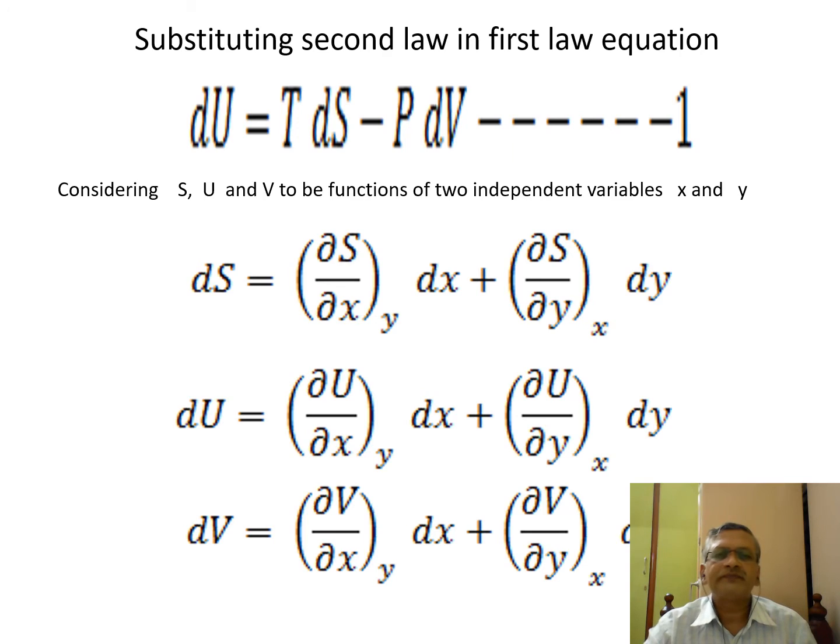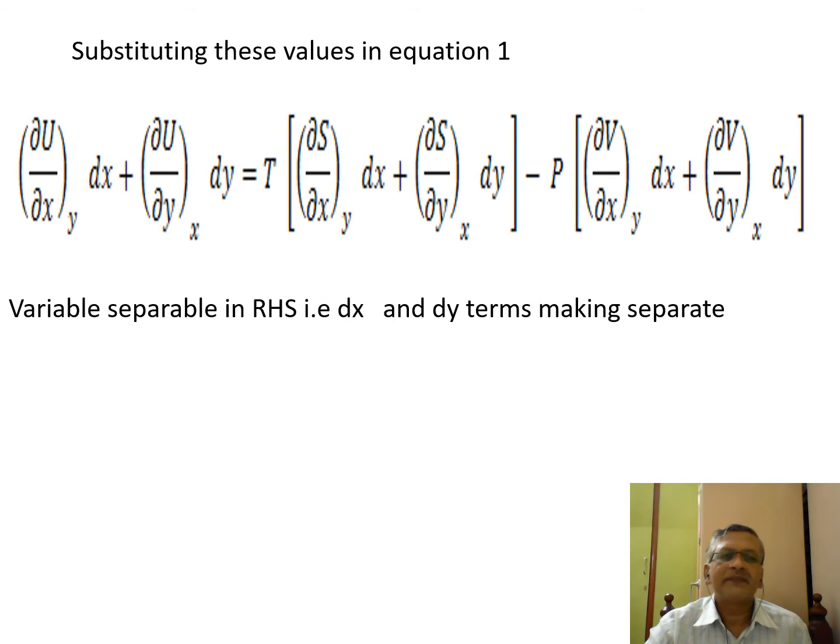We get the equation like this: dou U upon dou x keeping y constant into dx plus dou U upon dou y keeping x constant into dy is equal to T into dS, whose partial form is dou S upon dou x keeping y constant into dx plus dou S upon dou y keeping x constant into dy, minus P into the partial differential of dV.